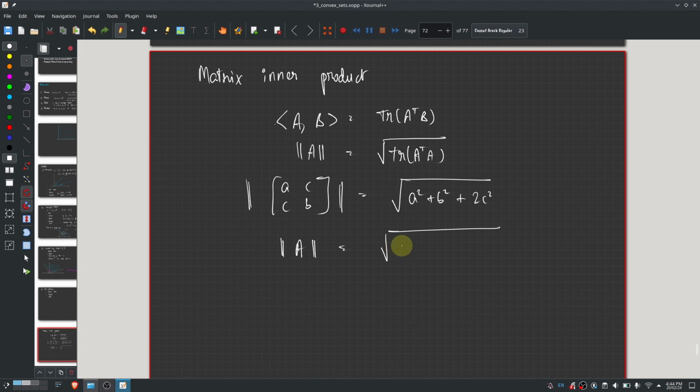So I can write this as summation over all i, Aii square plus summation over all i, summation j equal to i plus 1 to n, 2 times Aij square. You can verify that this is the case for any general symmetric matrix, 3 by 3, 4 by 4, and so on.